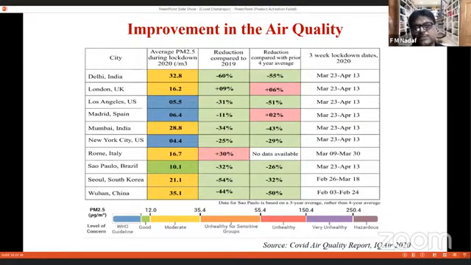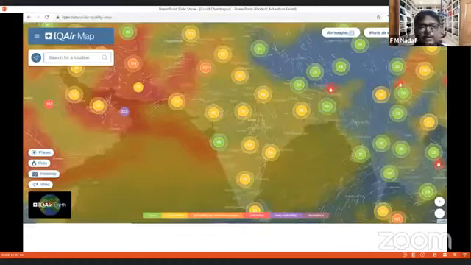What we could not achieve in so many years, we could achieve in hardly 30-35 days. So this is the first advantage of COVID-19 on the environment, that is improvement in the air quality to an unbelievable level.